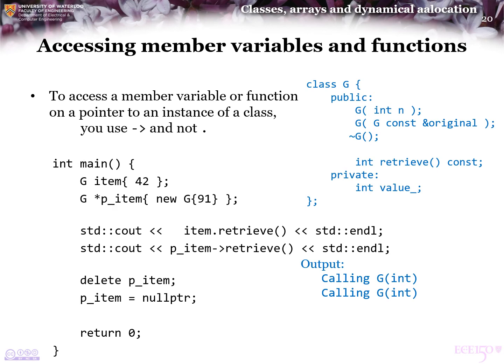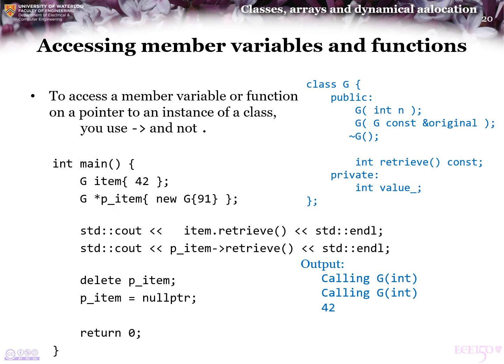This constructor is called on whatever memory was returned by the operating system, and that address is subsequently assigned to the local variable p_item. If we want to now retrieve the value stored in item, we call retrieve with the dot operator, and that returns 42.